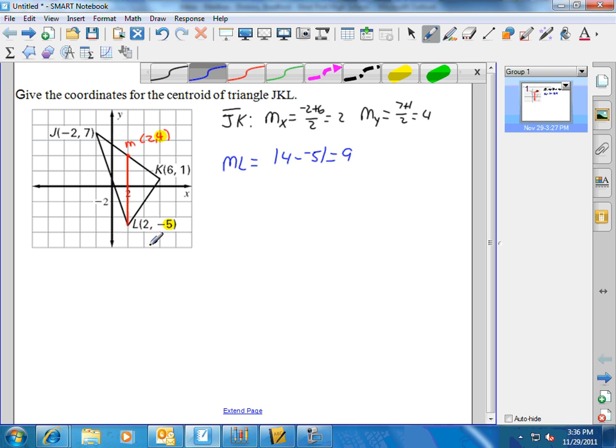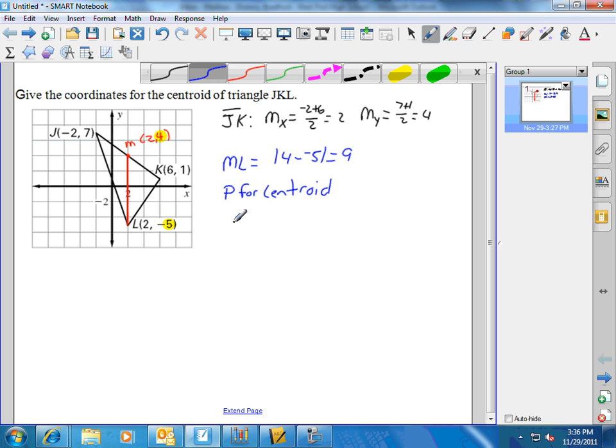Okay? So the centroid, remember, we'll call the centroid point P. The centroid is going to be 2/3 from the vertex to the centroid. It's going to be 2/3 the length of the median.